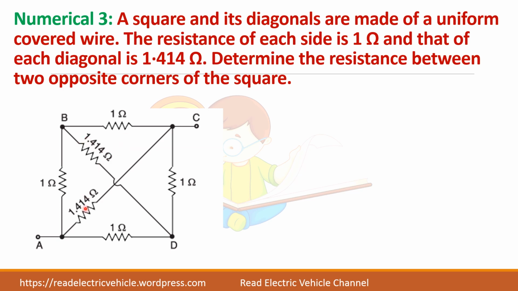Two diagonals are there, and each has a resistance of 1.414 ohms. Determine the resistance between the two opposite corners of the square. Take two opposite corners A and C and you have to find the resistance between these two ends. If you read the question properly, you can do it.